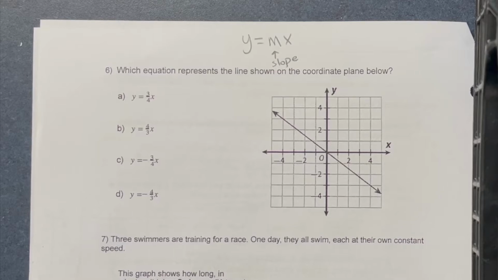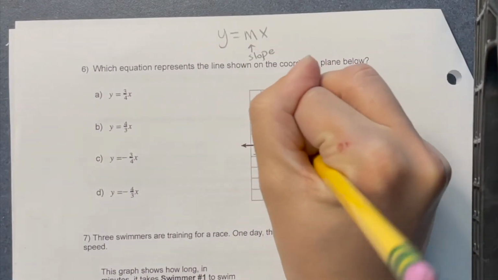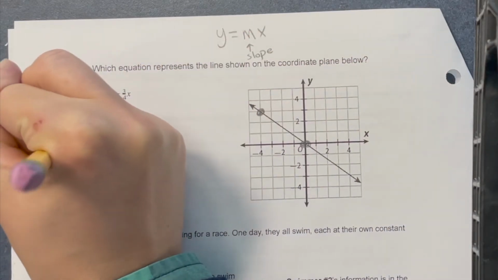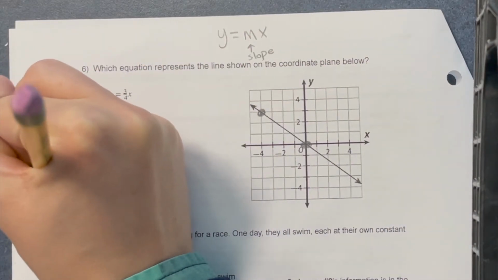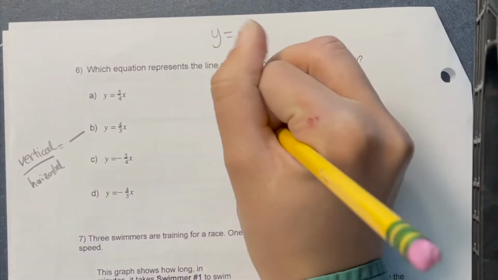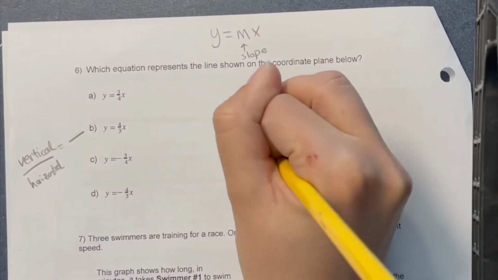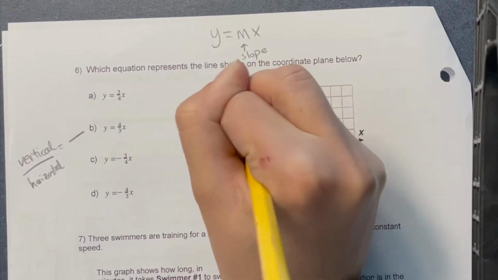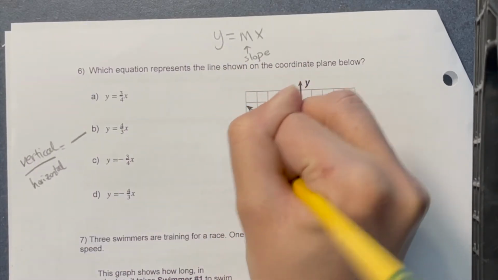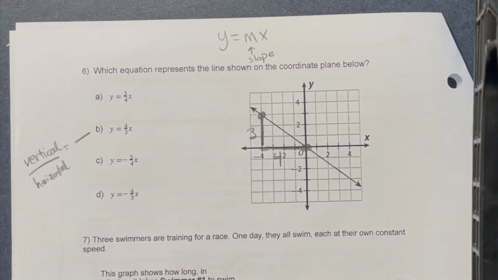Okay, to find the slope of a line from a graph, I pick 2 points on the line, and I find the vertical distance divided by the horizontal distance. Okay, here my vertical is 3 and my horizontal is 4, but I have to be very careful.